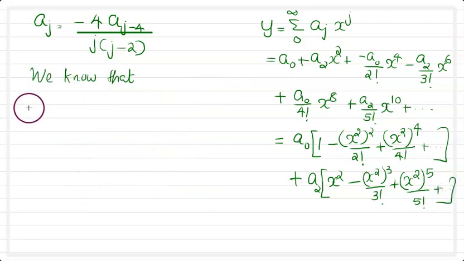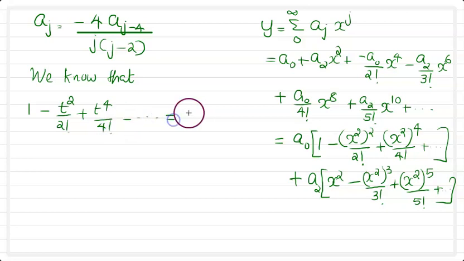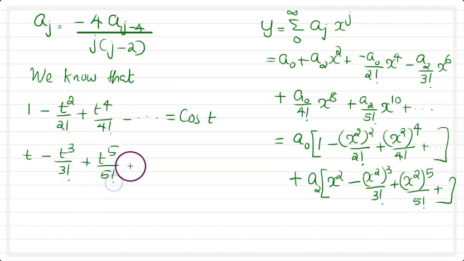Now we know that similar series in the form 1 minus say t square by 2 factorial plus t raised to 4 by 4 factorial minus etc. This is in fact the series of cos t, and the series t minus t cube by 3 factorial plus t raised to 5 by 5 factorial etc. is in fact the series expansion of sin t.